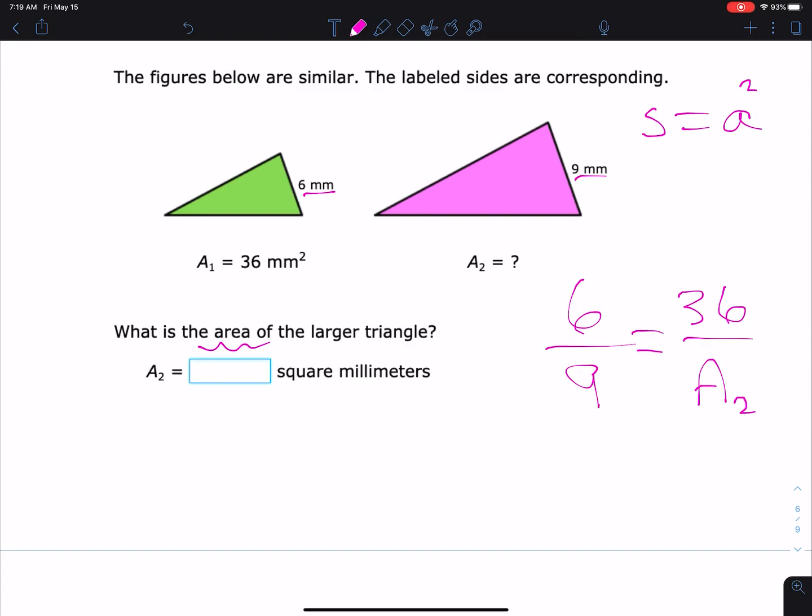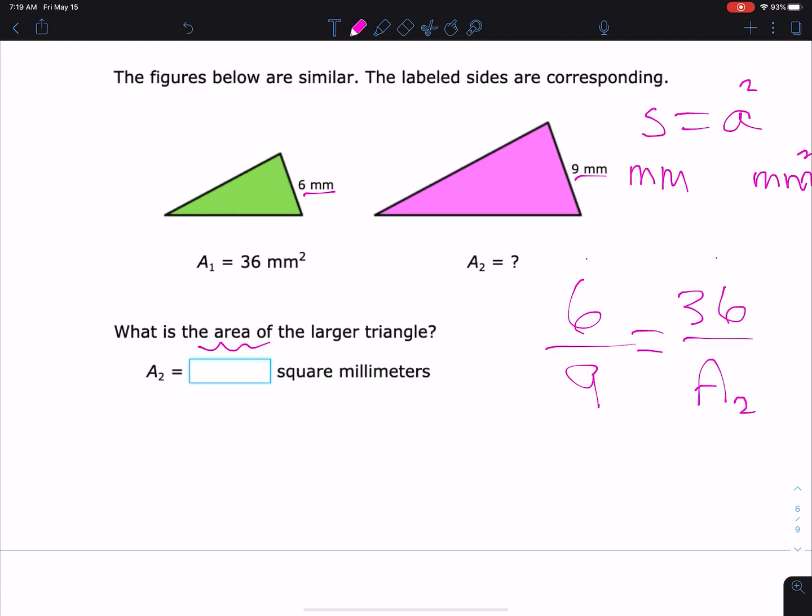All right. So when I compare side lengths to area, you cannot just jump in and cross multiply. Okay, you cannot. What you have to do is make sure they're in the same dimension. So for example, side lengths are in millimeters because that's what they gave us. And then area is millimeters squared.